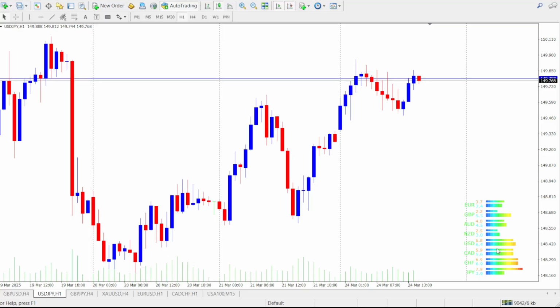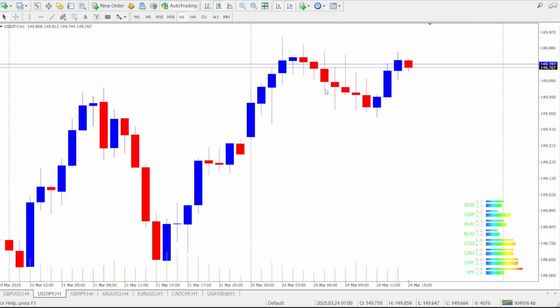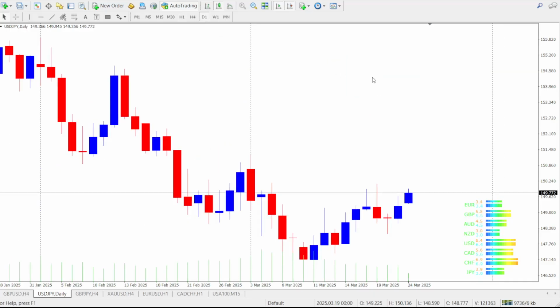Basically, wide histogram bars represent currency strength on the daily time frame, while narrow histogram bars show the currency strength on the current time frame.